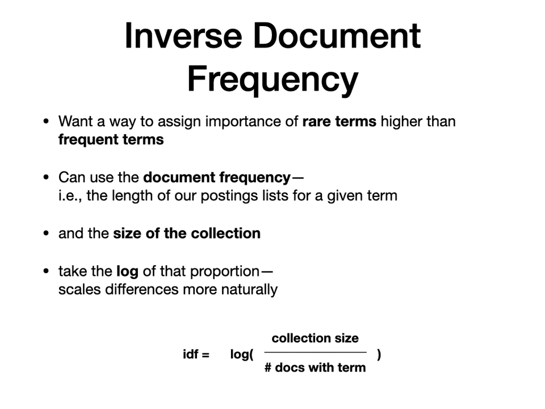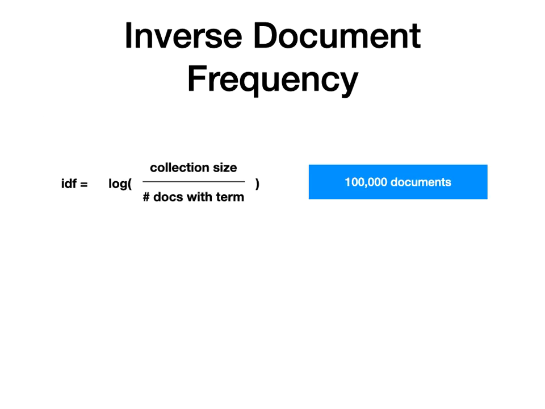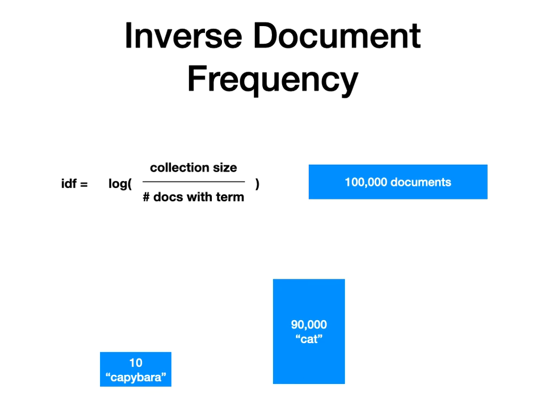But yeah, let's look at how to handle inverse document frequency. So IDF, that's what this is. We're going to take the log of the collection size over the number of documents with the term. So 100,000 documents, 10 documents with the word capybara, 90,000 documents with the word cat.